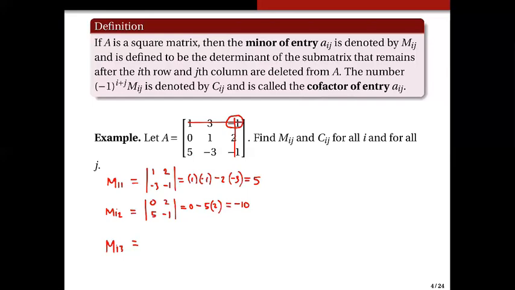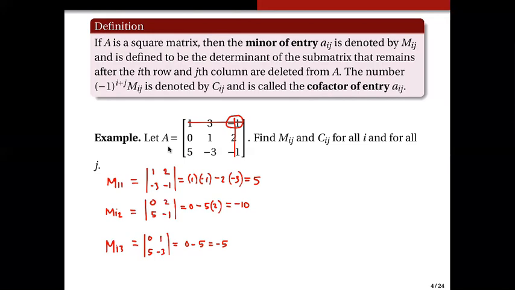So M13 is the determinant of the matrix 0, 1, 5, and negative 3. If we calculate, this is simply 0 minus 5. So this is equal to negative 5. So here are the minors of the entries in the first row of the matrix A.